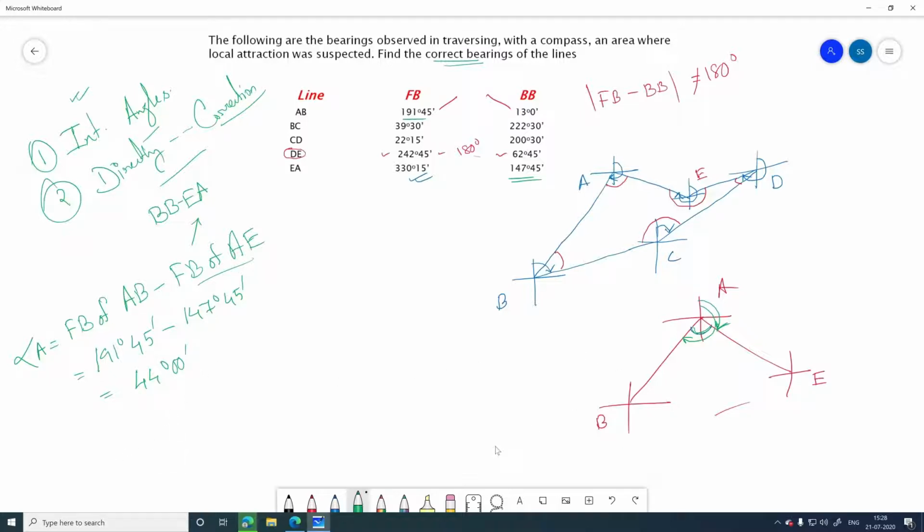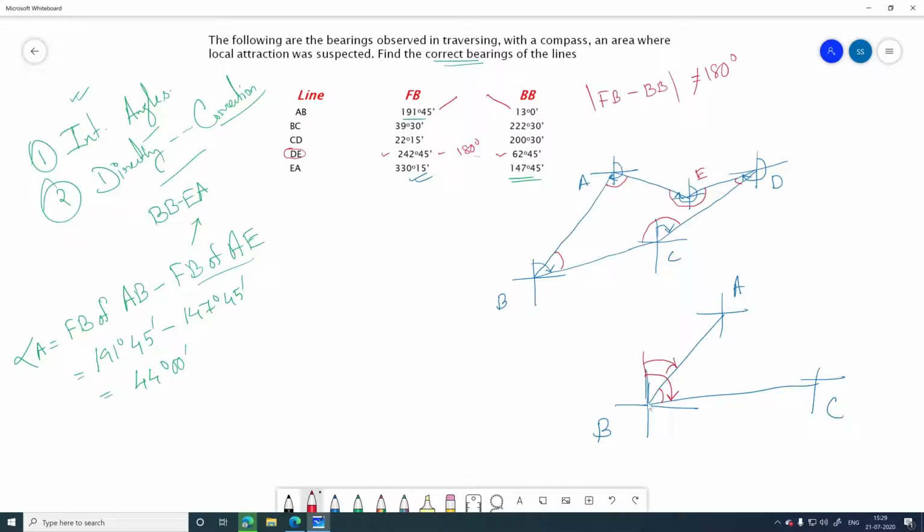In the same way, to determine angle B, here it is A, here B, here C. We need to determine this interior angle. We know the forward bearing of BC, and this one is the forward bearing of BA.